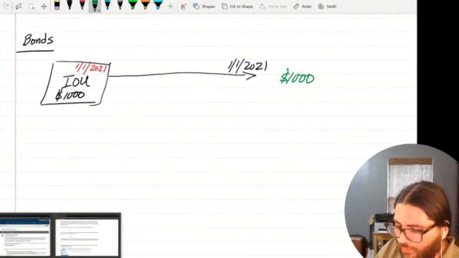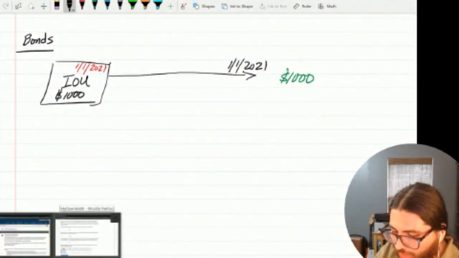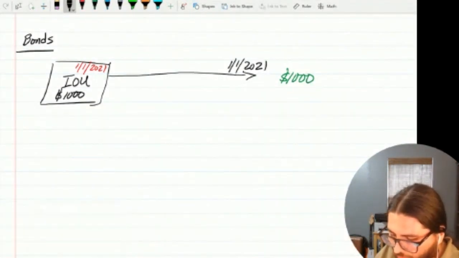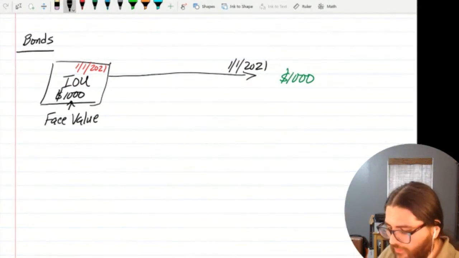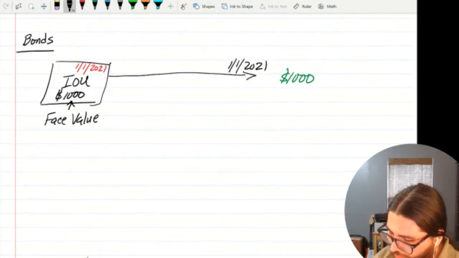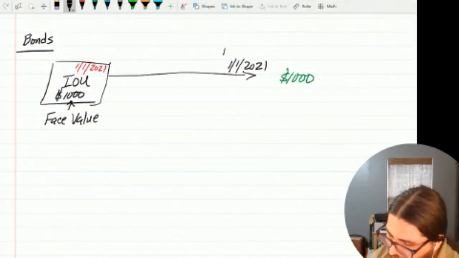But that's not usually how bonds work, right? Usually, when I buy a bond, the purchase price doesn't always match the price that's on the front of it. That's called the face value of the bond. And the maturity value is equal to that much money. This is called the maturity date, by the way.